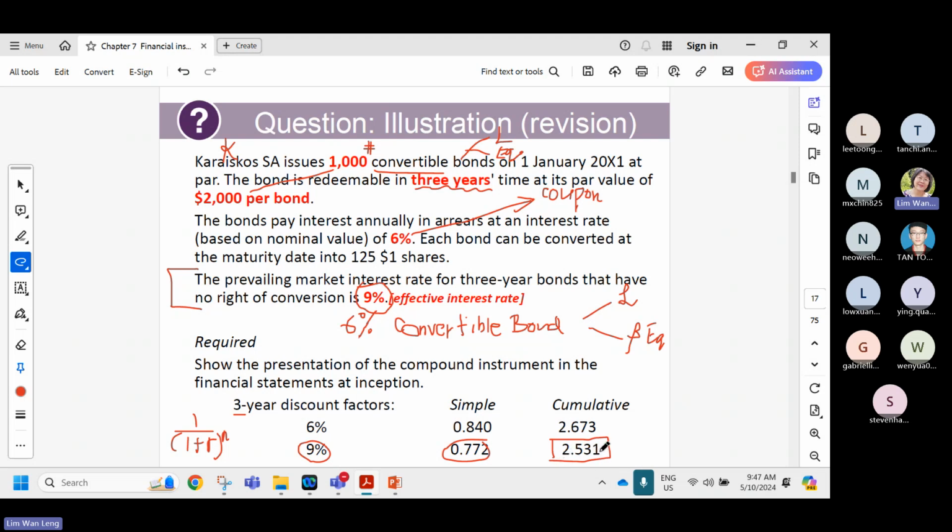2.531. That means they didn't give you year by year, they gave you cumulative year 1, year 2, year 3.